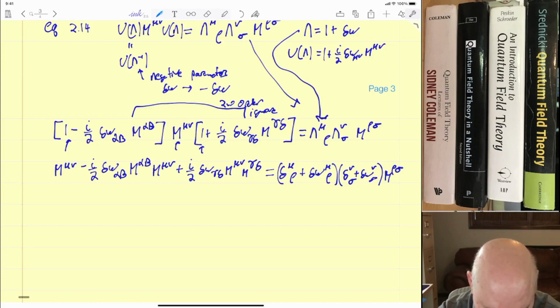Okay. So now let's just continue expanding. So let's work on the right-hand side here. Sorry. So when we multiply these two Kronecker deltas, they just say, since we're summing on rho and sigma, replace rho by mu and sigma by nu.